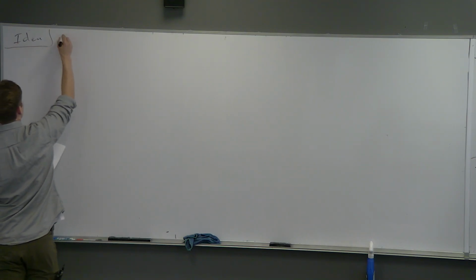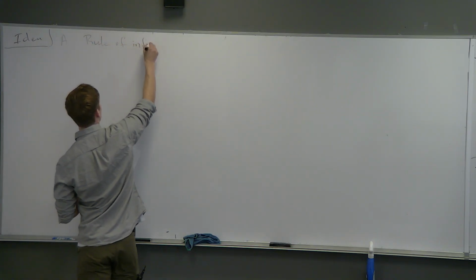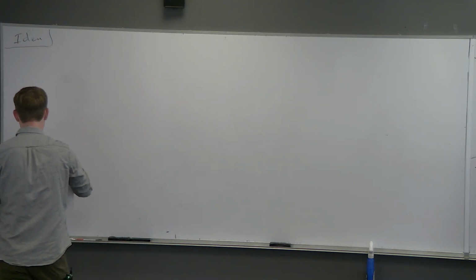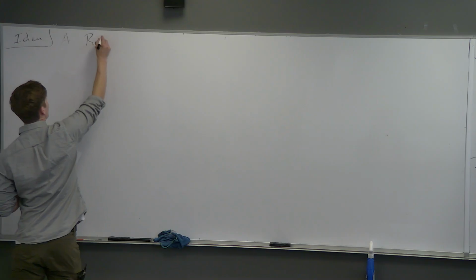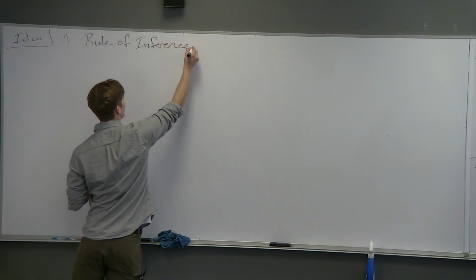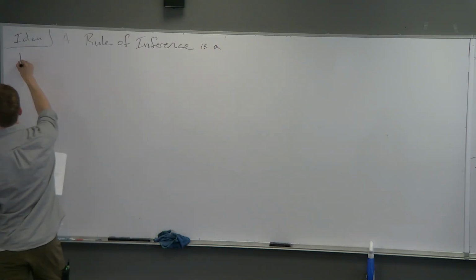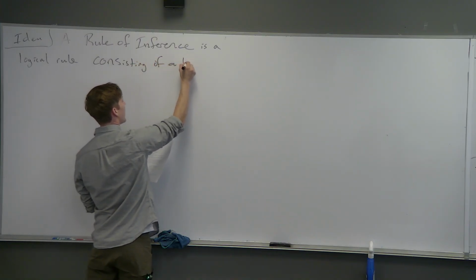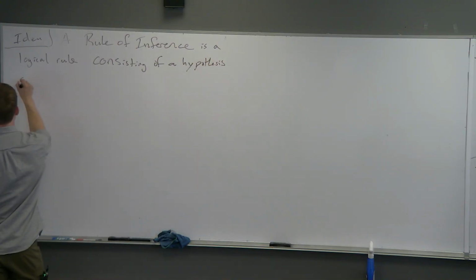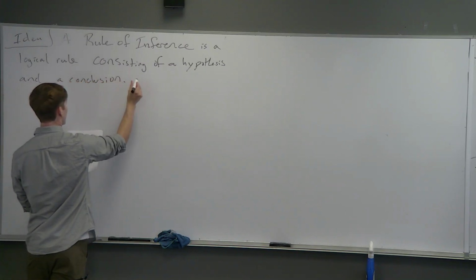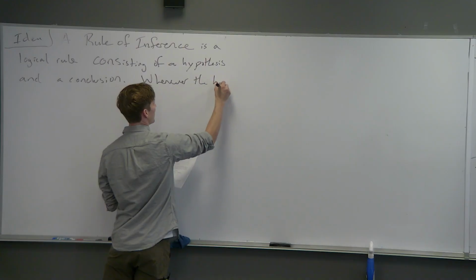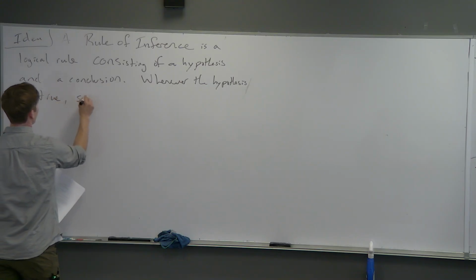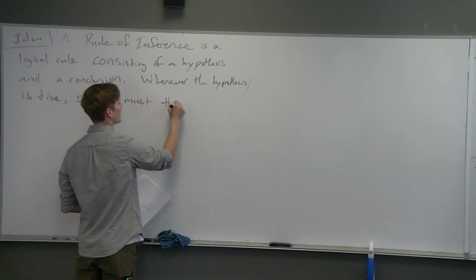So the idea: a rule of inference is a logical rule consisting of a hypothesis and a conclusion, whenever the hypothesis is true, so too must the conclusion be.